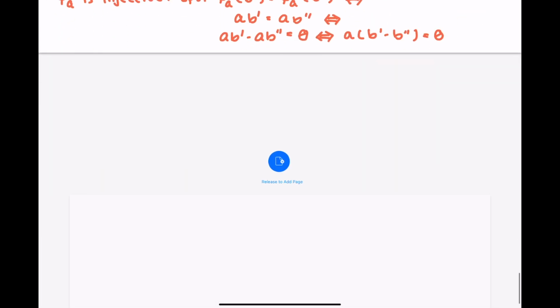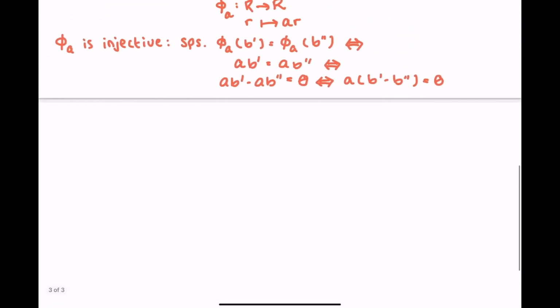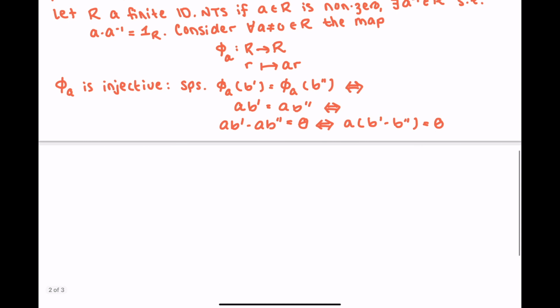Now this is where we're going to use the fact that we're dealing with an integral domain. R an integral domain implies that either a is equal to 0 or b prime minus b double prime is equal to 0. But a equal to 0 is impossible by assumption. So what this means is that b prime is equal to b double prime.